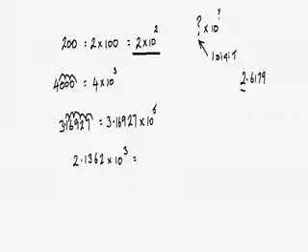So the decimal point is just going to go the other way, 3 times. So it's going to go 1, 2, 3, between the 6 and the 2. So we get 2136.2. It is that simple.